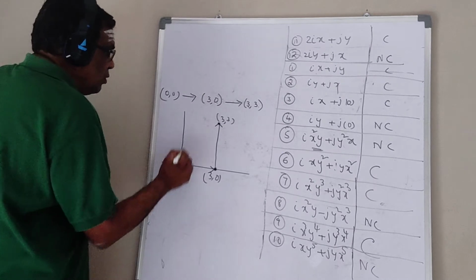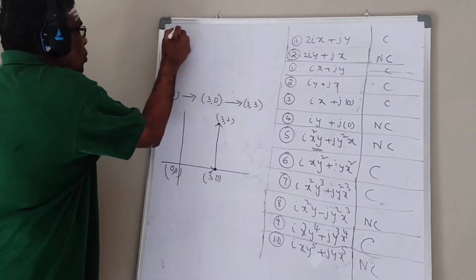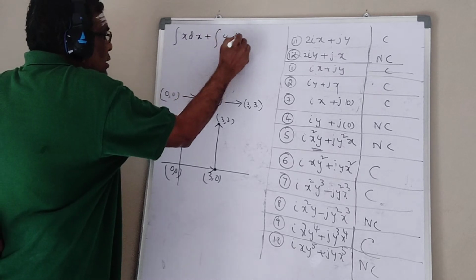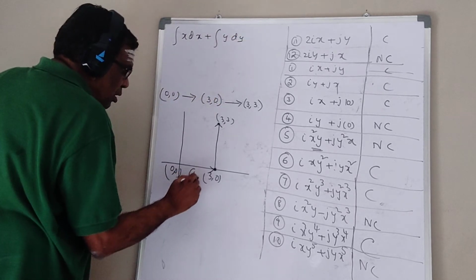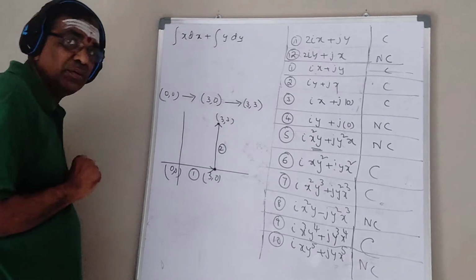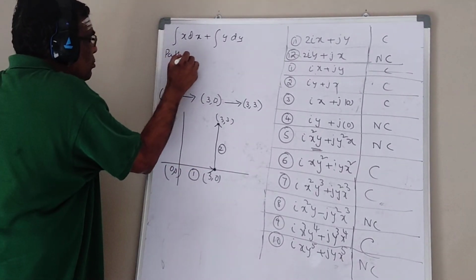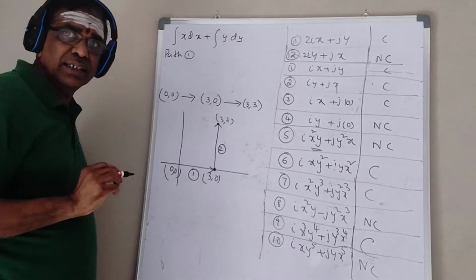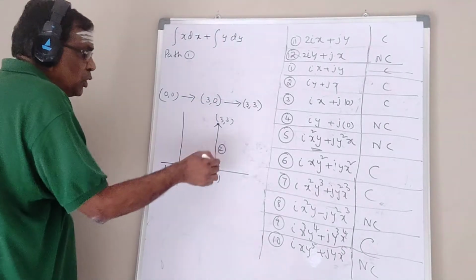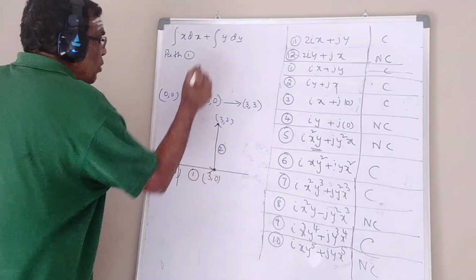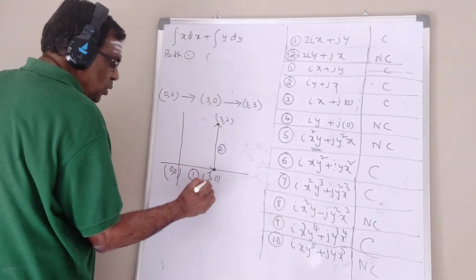First of all, you have to perform these integrals along path number 1, then along path number 2, and add. Along path 1, what are the limits? 0 to 3.